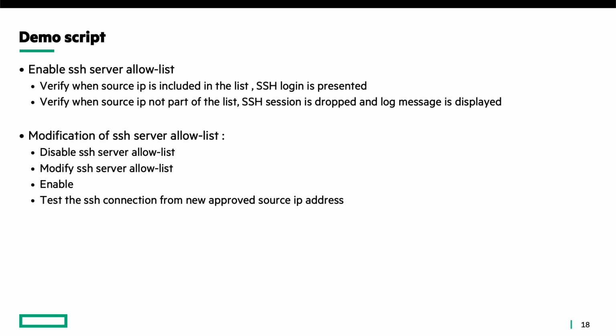There is no SSH login presented. We're going to modify this allow list. First we disable it, we add the IP address that we want to be allowed, and we enable it, and we'll see what happens if we test from the new allowed server. So let's jump to the demo now.